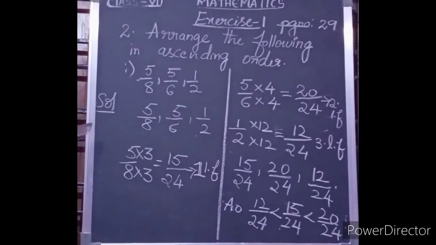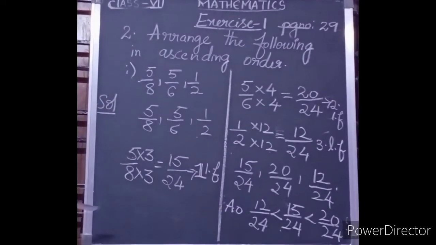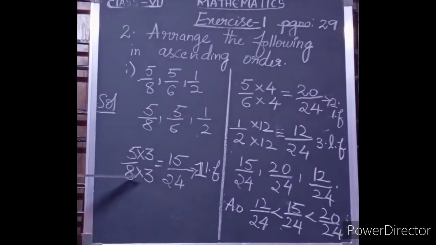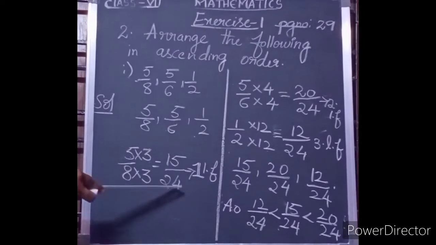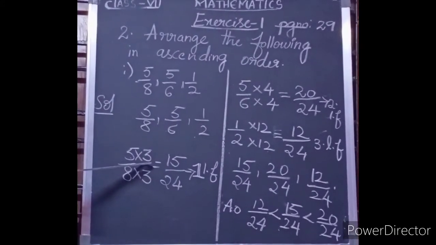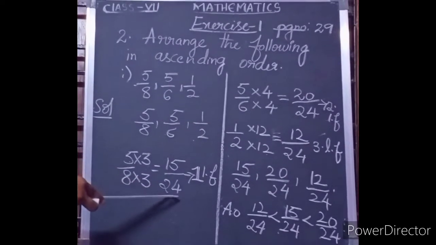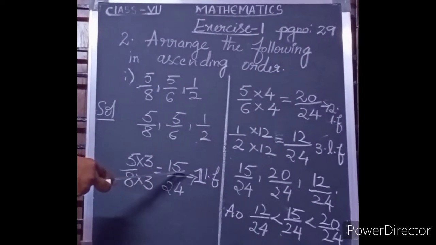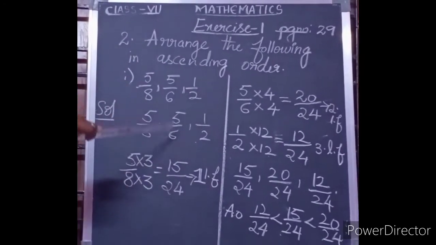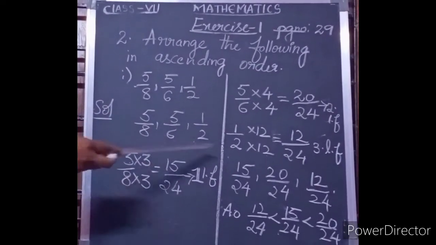If you take the LCM of 8, 6, 2, we will get 24. 24. When 24 will go in 8 table? 8 3s are 24. Same number you should multiply to the numerator. So 15 by 24. 5 3s are 15. 15 by 24. This is the first like fraction. Now we have to go for the second one.